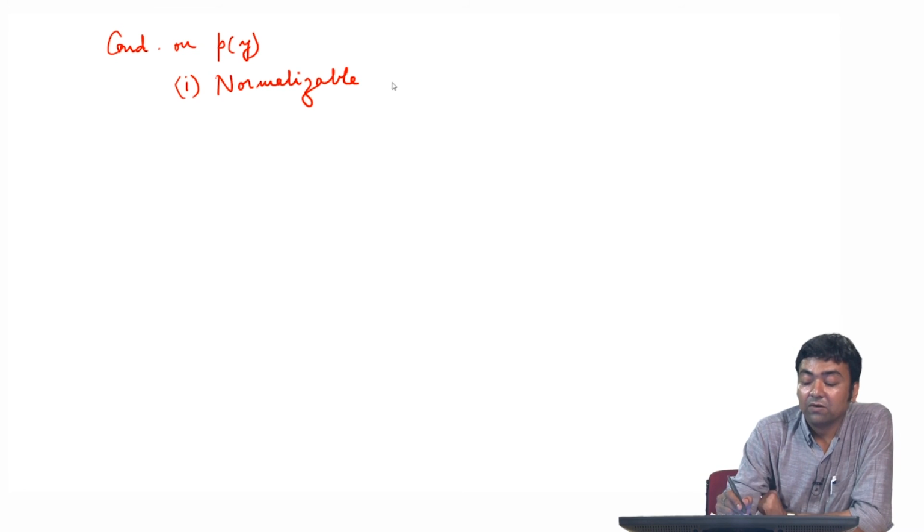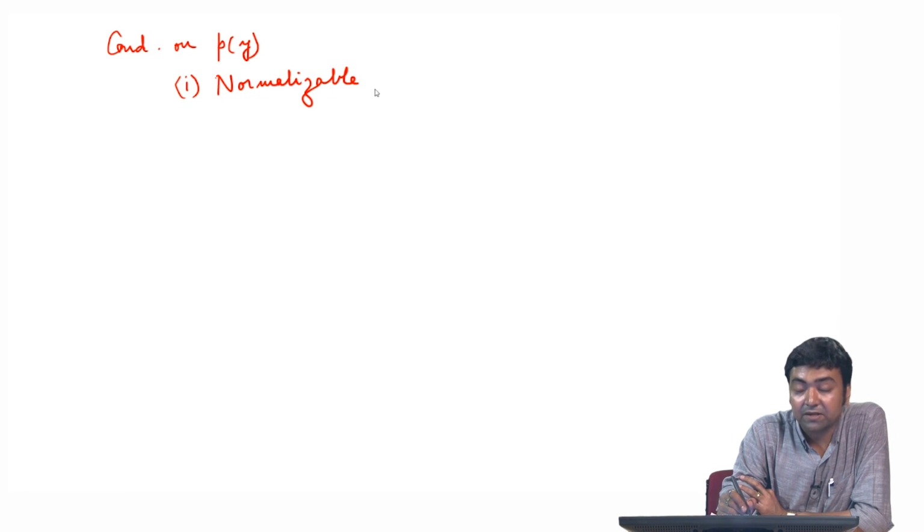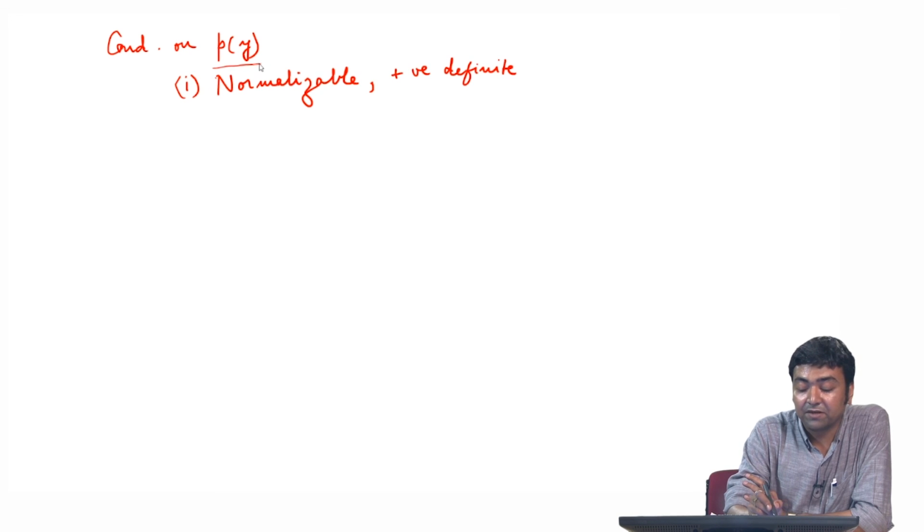What it means is, if you integrate p(y) over the complete interval, it should give you 1. And not only that, since probability is always positive, it should be positive definite. Throughout the desired range, this function p(y) should be positive definite.